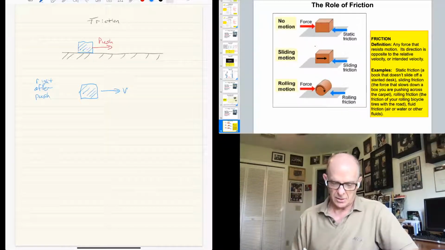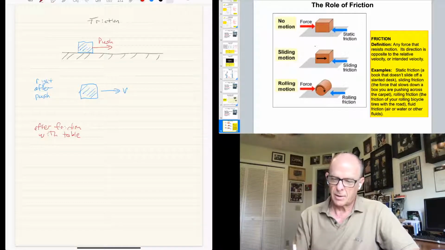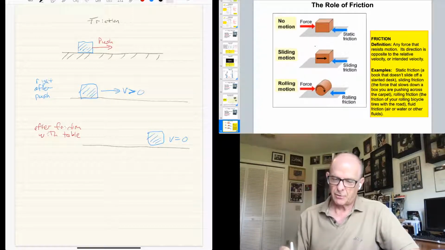And what will happen is, after friction with the table, the block will have come to a stop over here, where the initial velocity was greater than 0. It comes to a stop, and that means that there must have been a force acting on it.